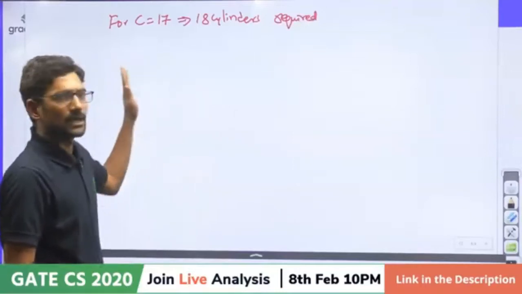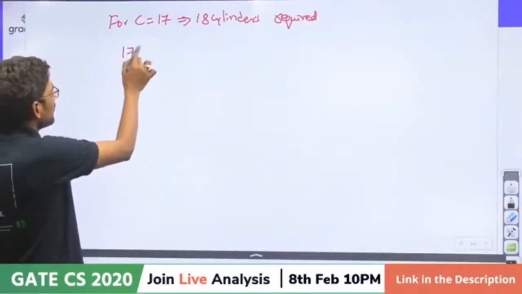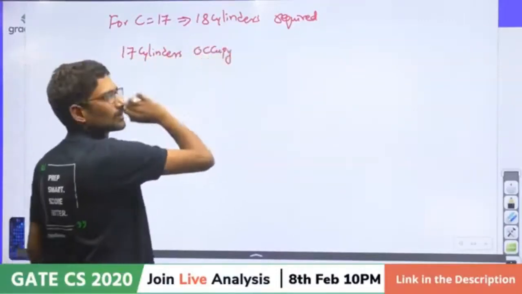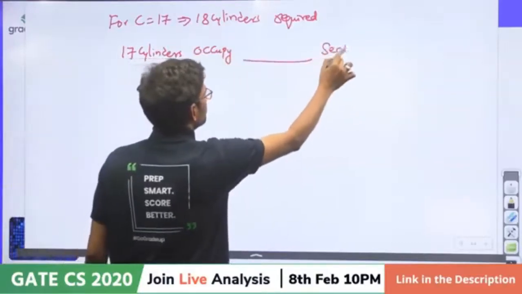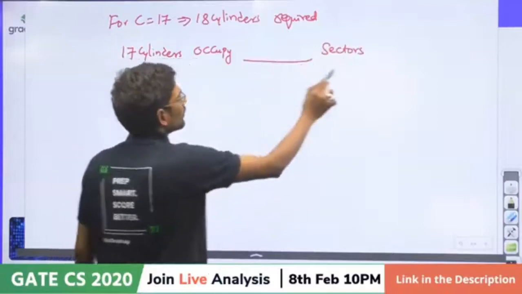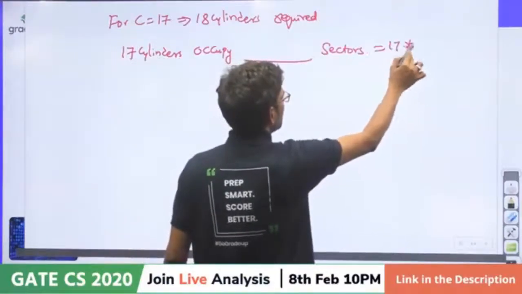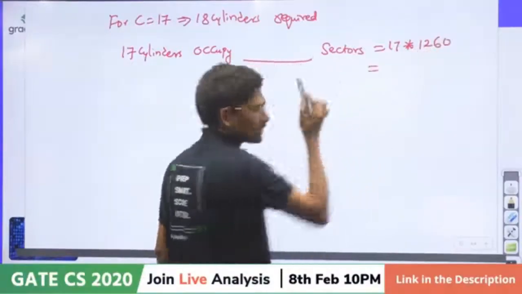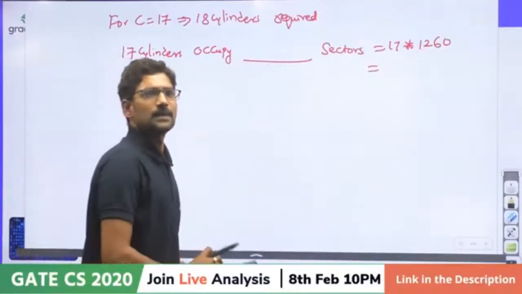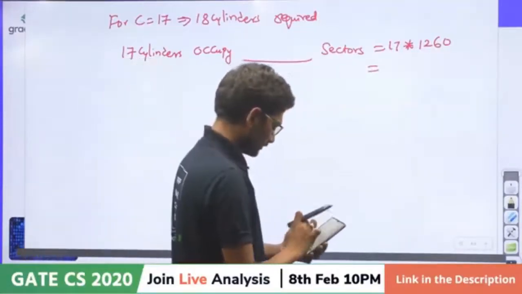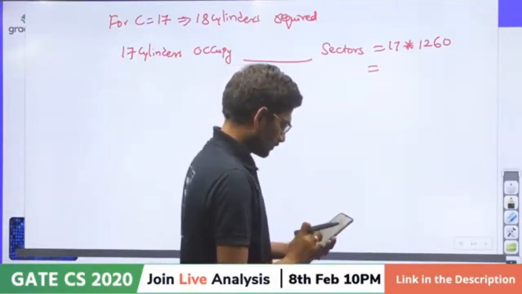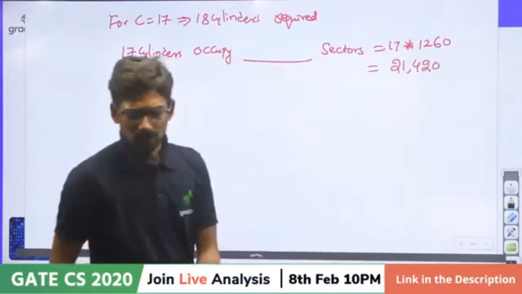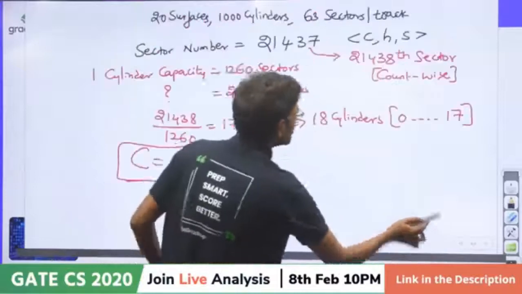So 17 cylinders occupy how many sectors? 17 multiplied by 1260. So what is this value? 17 multiplied by 1260 is 21,420.